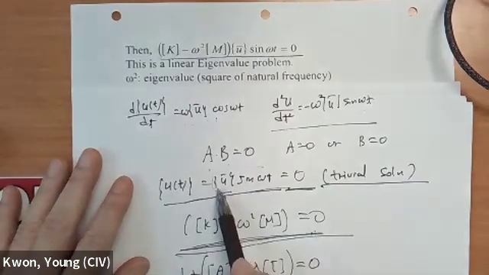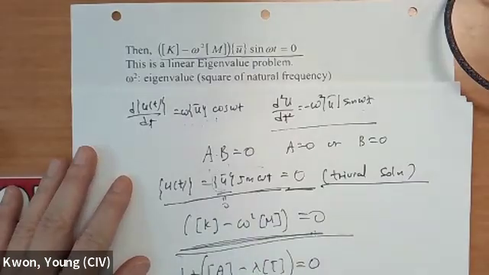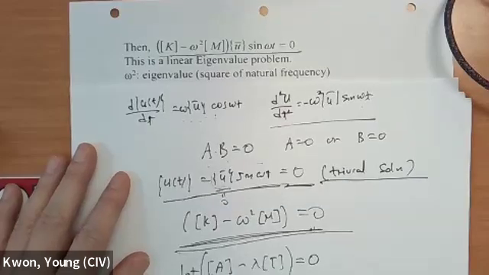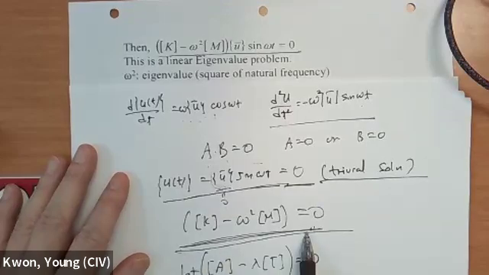So basically u bar is going to be the eigenvector and omega square is going to be the eigenvalue. Then you're going to see that this and that are different. How come this is an eigenvalue problem? This is the standard eigenvalue problem, mathematically. This is called the generalized eigenvalue problem.